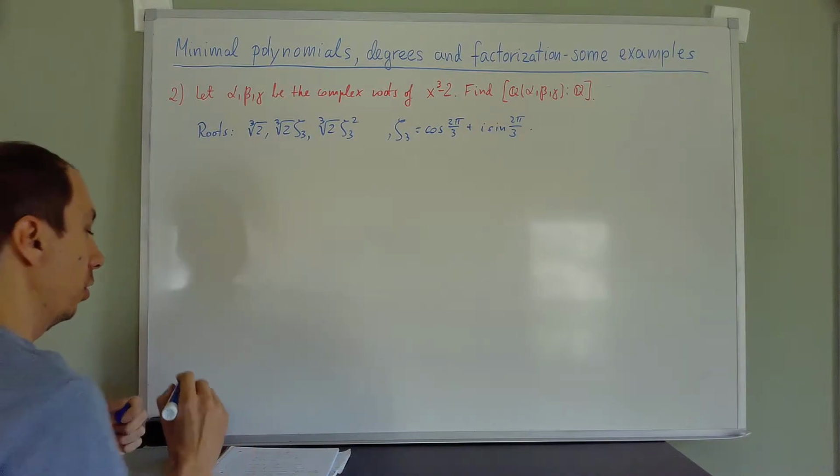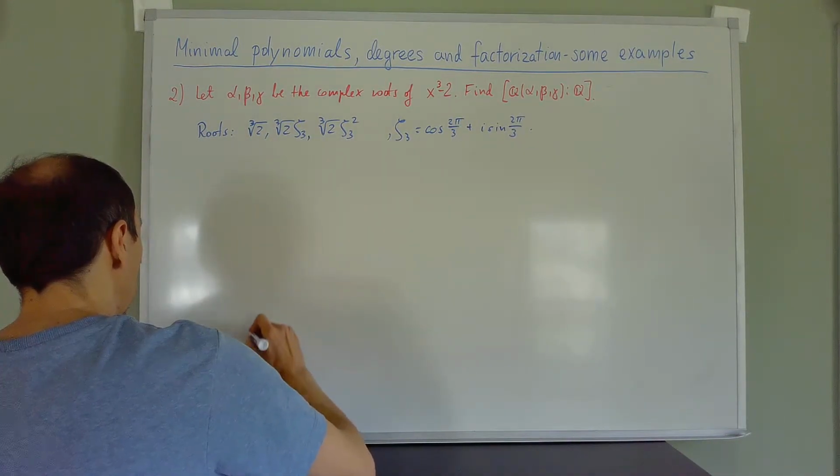So what I can do is I can draw this diagram where I join each root one root at a time.